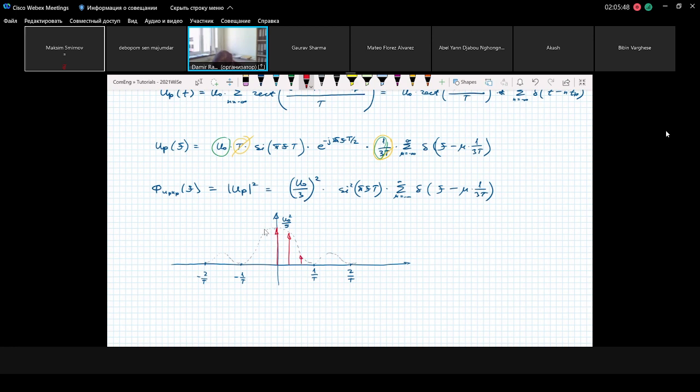So the distance between two delta pulses is 1 over 3T. This is how the resulting sequence of delta pulses looks. And that's all; this is what we have for our power spectral density.